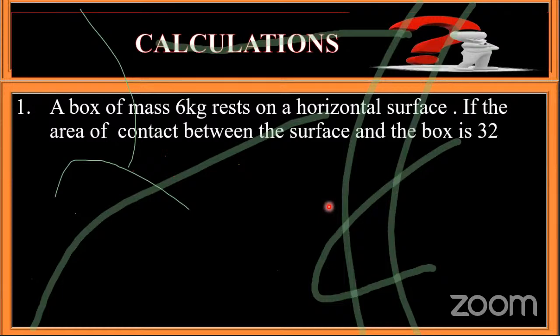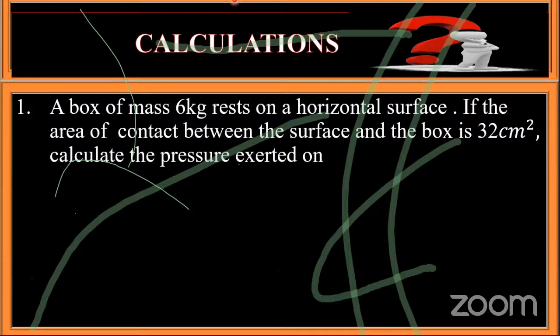If the area of contact between the surface and the box is 32 centimeters squared, calculate the pressure exerted on the surface by the box. Do we all see that?